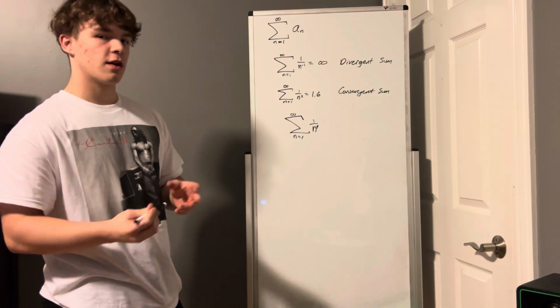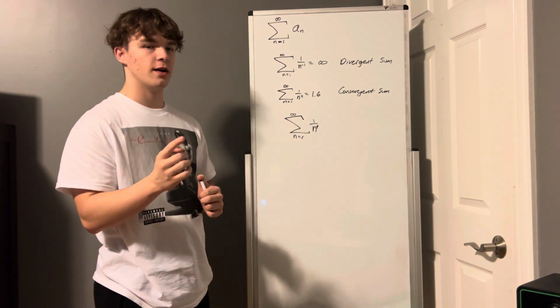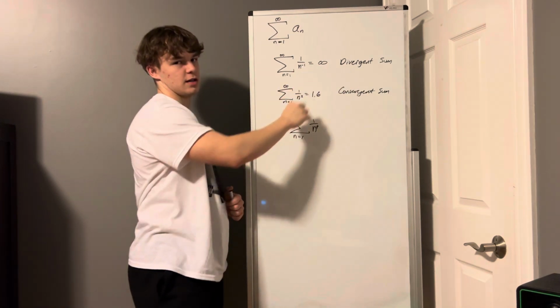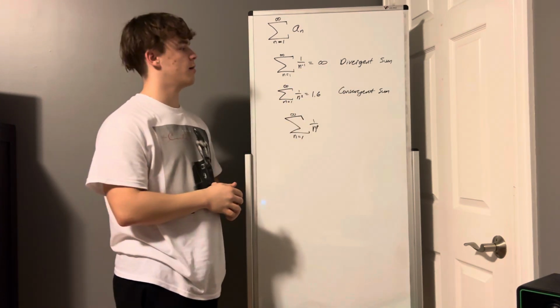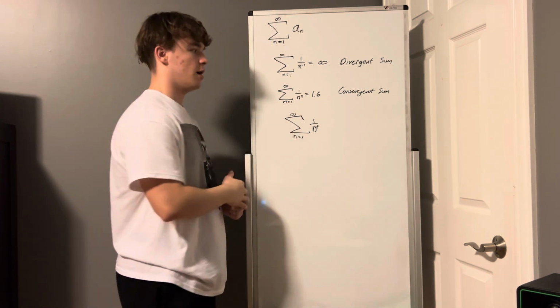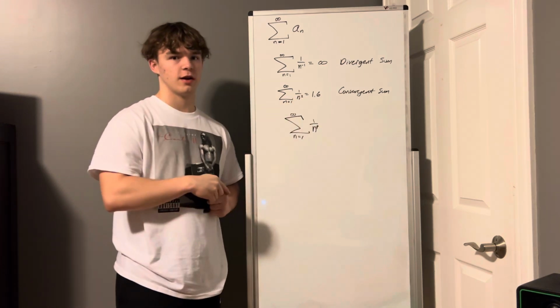And the cool thing about p-series is if p is less than or equal to 1, it will be divergent, such as in this case, negative 1 is less than 1, and that's why I wrote it that way. And if p is greater than 1, it will be convergent, just like here. 2 is greater than 1.